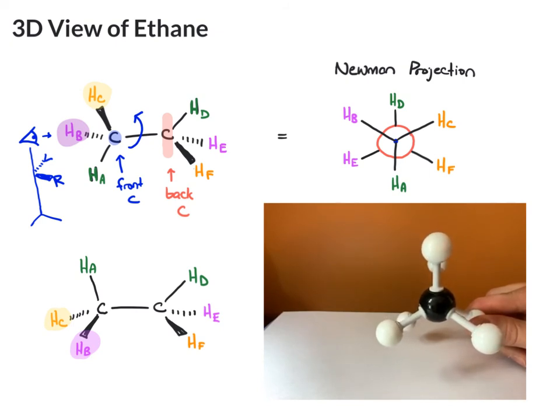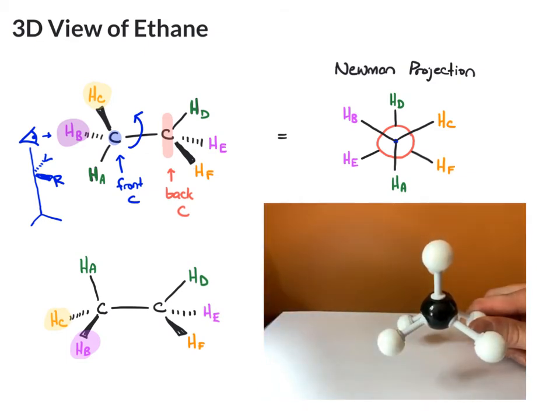Basically, all three hydrogen on the front carbon are in front of the three hydrogen on the back carbon. They're eclipsing, is what we call this. It's an eclipsed conformation. So let's draw this, and what we'll find, we're going to leave the back carbon the same, but then we're going to rotate these three hydrogen on the front so that they're in front of the three hydrogen on the back when we draw the Newman projection.